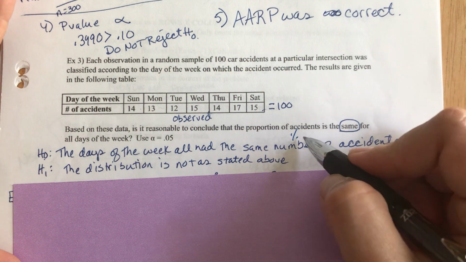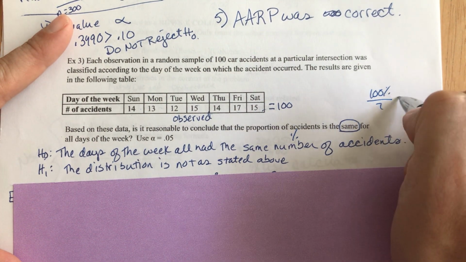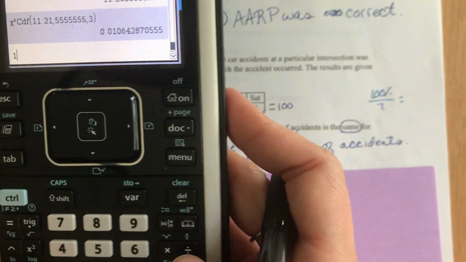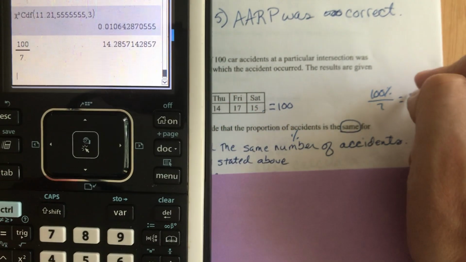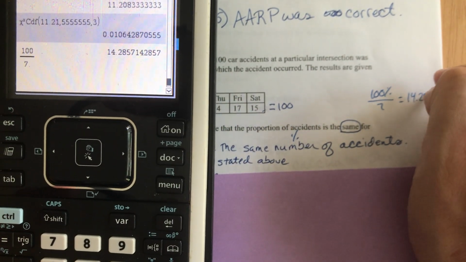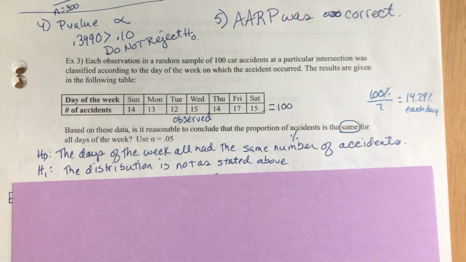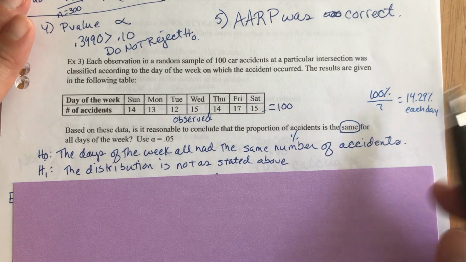Okay. The other thing you could do is you could say, wait a minute, there's 100%. I'm going to divide it by the 7 days. I'm going to figure out what that answer is, right? 100% divided by the 7 days would give me 14.29% each day. Okay, if there's 100% of the accidents, right, we're going to divide it evenly over the 7. That's where that came from.